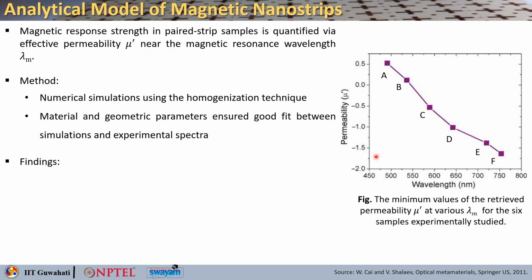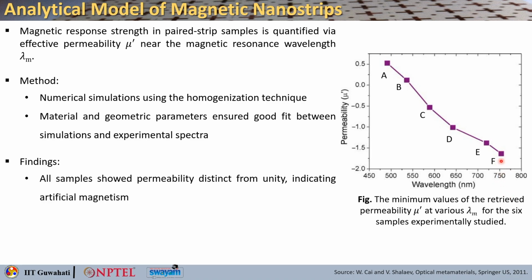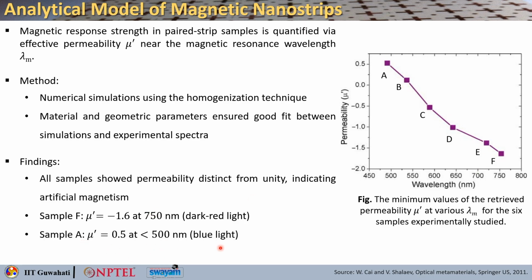For F it is around minus 1.6, that is around dark red light of 750 nanometer wavelength, and for the thinnest sample you have it around plus 0.5, that is around blue wavelength, which is less than 500 nanometer. So, all samples basically showed permeability which is very different from unity, and that is telling you about the artificial magnetism, and the two important corner values are noted here, which you have already discussed.